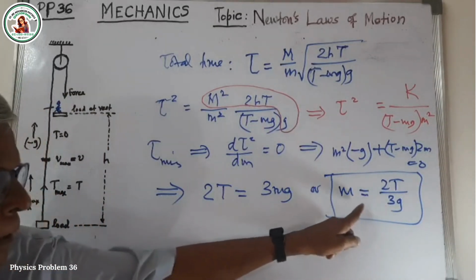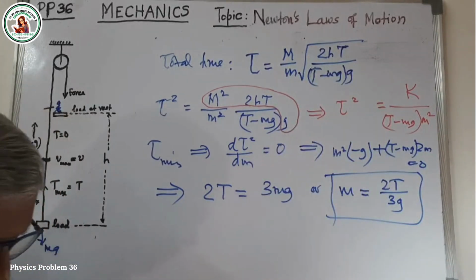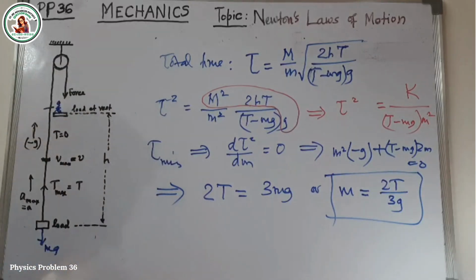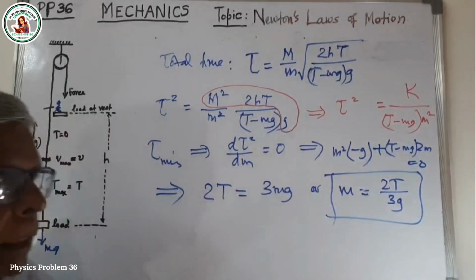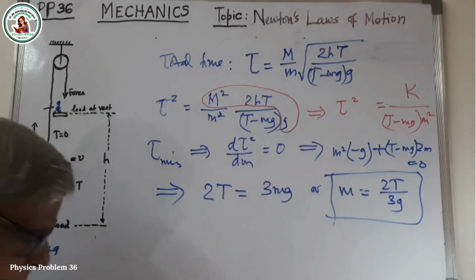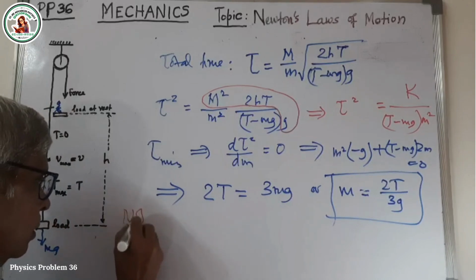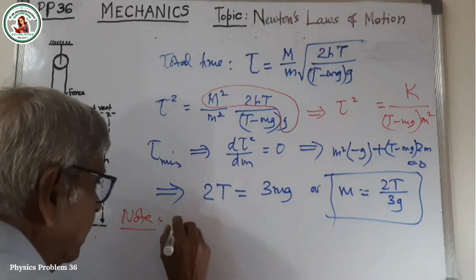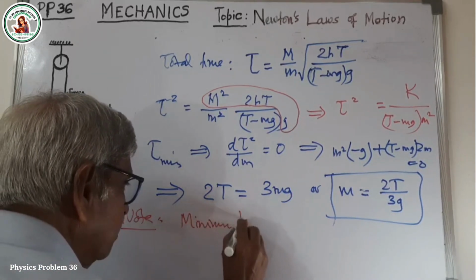In every trip, this much material is to be lifted. If you want further, you can also calculate the minimum time for each trip, for this given m. As a note, because that is not part of the question, just if you are interested, you can work out the minimum time per trip.